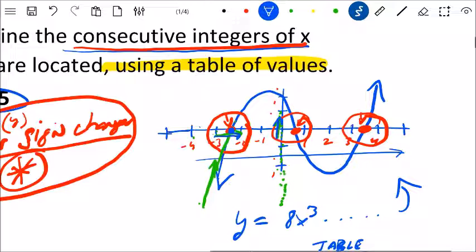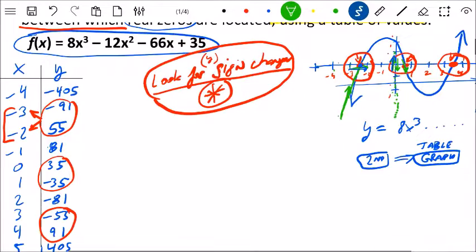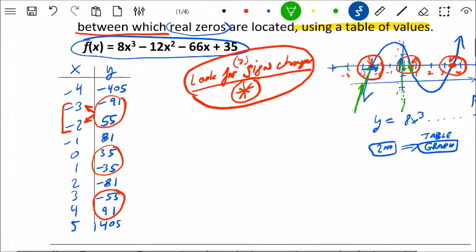And then coming the other way, when we come down this way, we go from positive to negative. And the same with the last point. So what we're looking for is the fact we've gone from negative to positive here. That's a sign change, negative to positive. Here we go from positive to negative.